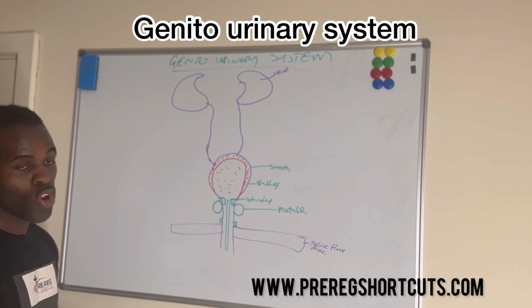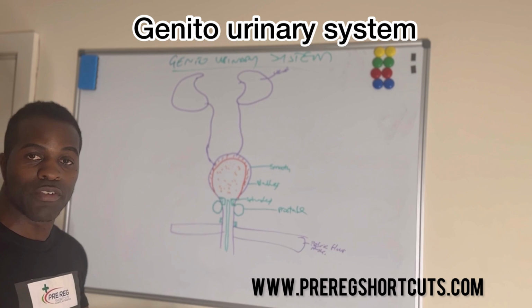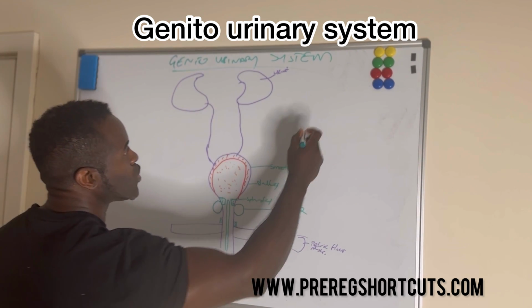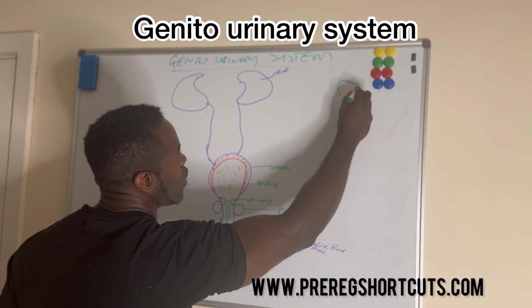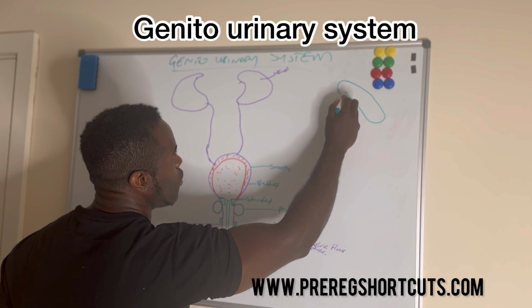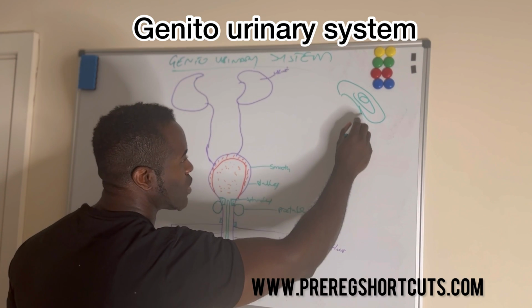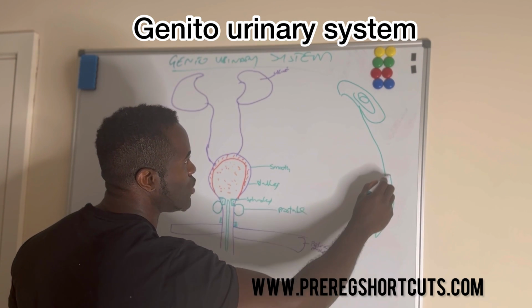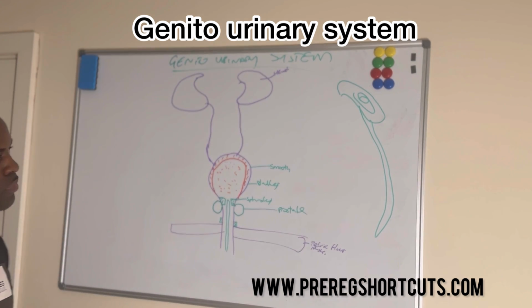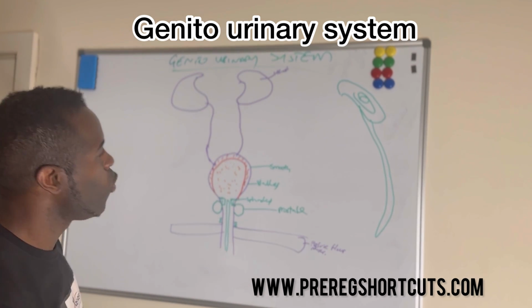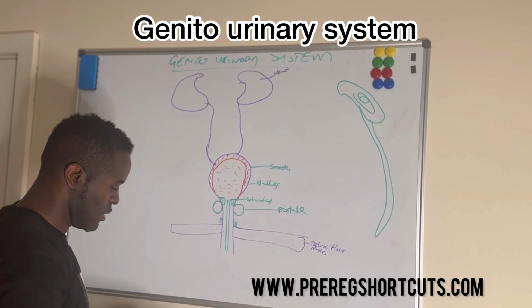So in a normal functioning urinary system, you also have to be very, very aware of this organ over here, which is your brain. Doesn't look like the brain, but that's your brain and your spinal cord. So what happens when your bladder gets full?